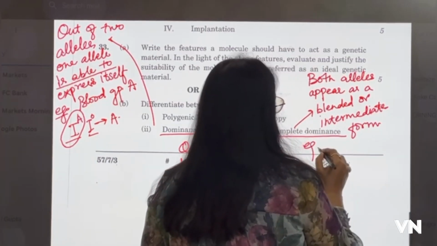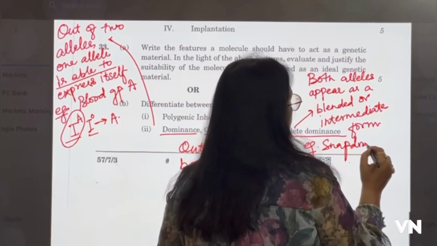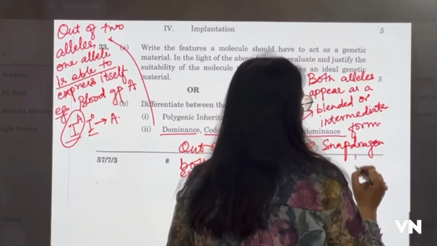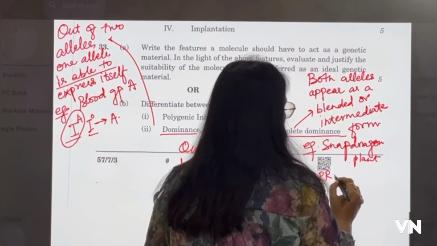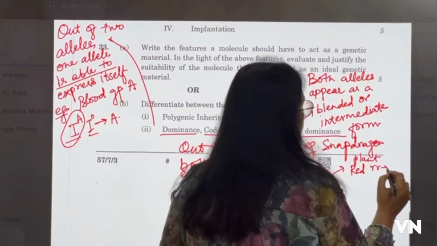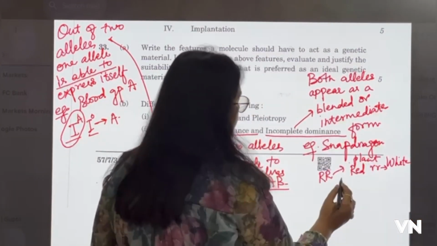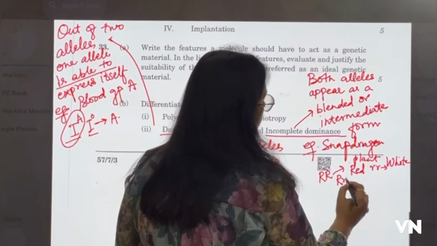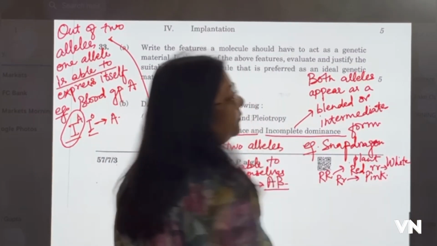Example, snapdragon plant, capital R is for red flower, small r is for white, and in the heterozygous condition, capital R, small r give rise to pink color of the flower.